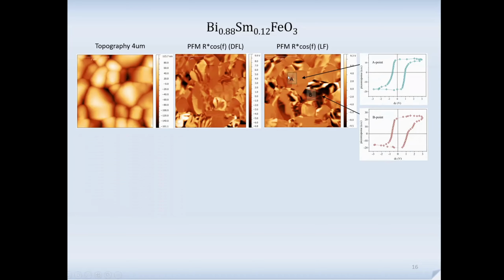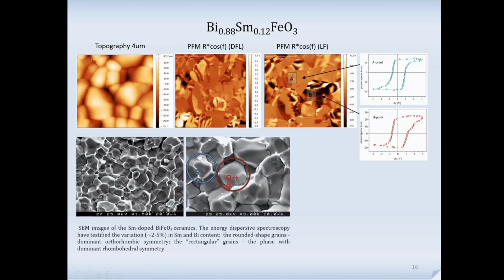In another area, we cannot get a PFM response, cannot open the loop, so this belongs to the antipolar orthorhombic phase. On the same images, we also made EDS analysis, and comparing different grains, it was possible to distinguish a slightly different chemical composition.